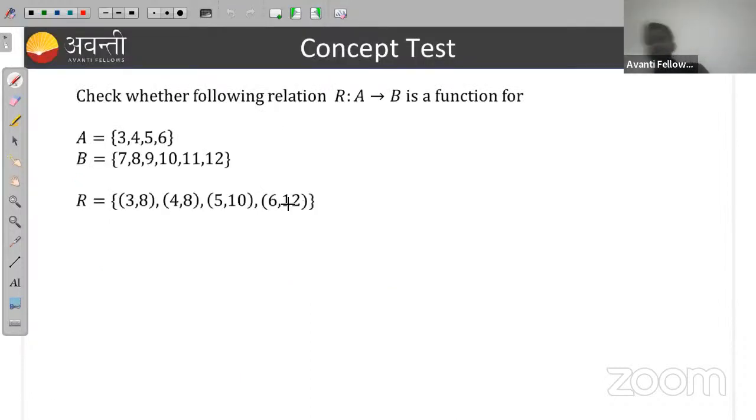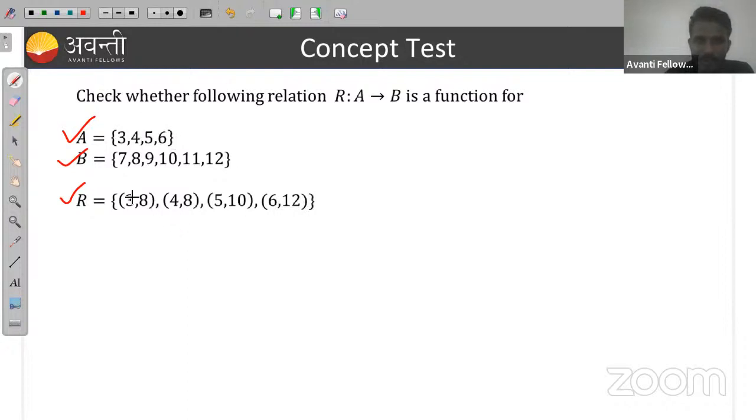Now, one more test for you. Check whether the following relation from A to B is a function. Set A is here, B is here, and the relation is given to you. 3 is related to 8, 4 is related to 8, 5 is related to 10, 6 is related to 12. There are 4 elements, 3, 4, 5, 6.